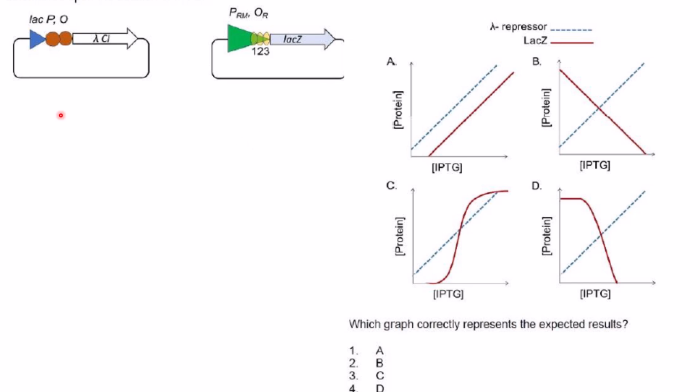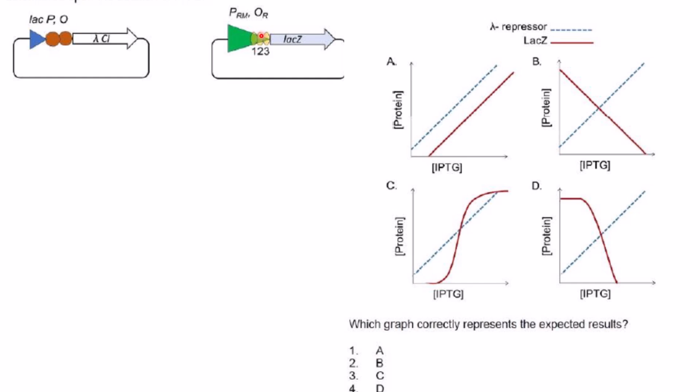So you add IPTG, I told you it will result in the synthesis of lambda CI. So first there will be a lesser concentration of CI starting first. So what will happen? Whatever less CI was produced, it will go and bind to operator 1 and 2.